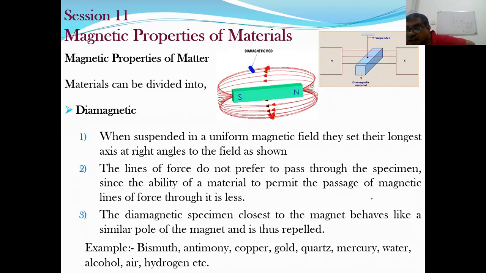Lines of force do not like to pass through the specimens. Those materials are known as diamagnetic.